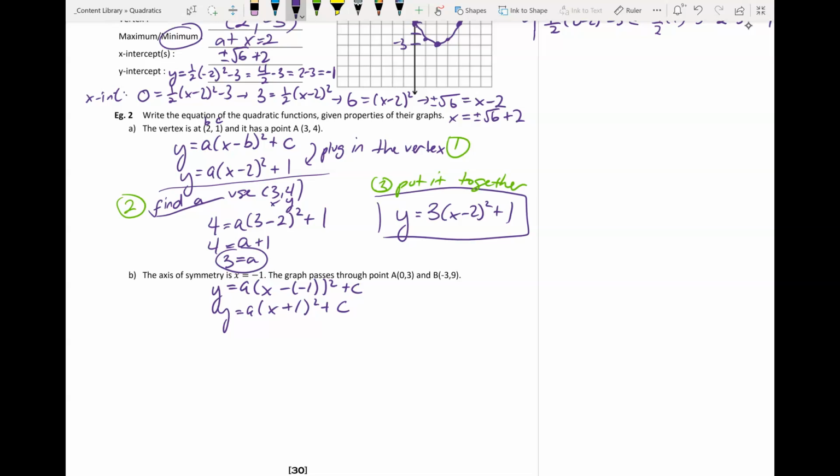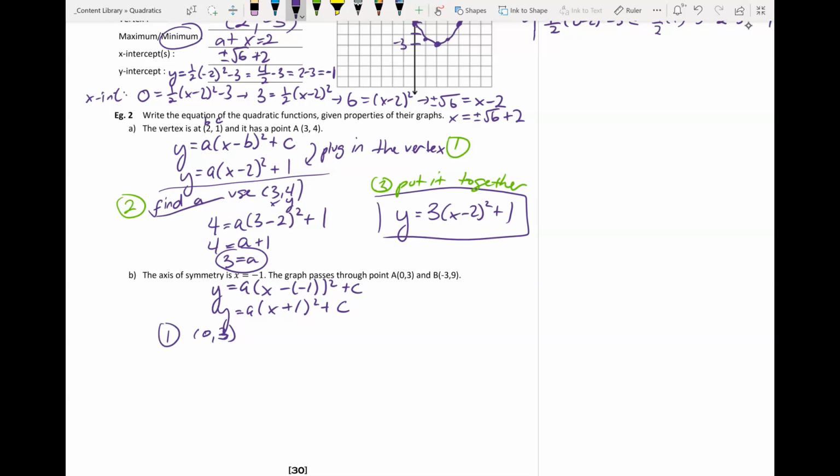Okay, so we also were given two pieces of information. The graph passes through 0, 3 and -3, 9. So what I'm going to do is utilize both points, but one at a time. And I am going to create two equations, and then we need to solve it by using systems of linear equations. So for the first one, I'm going to plug in the 0, 3.